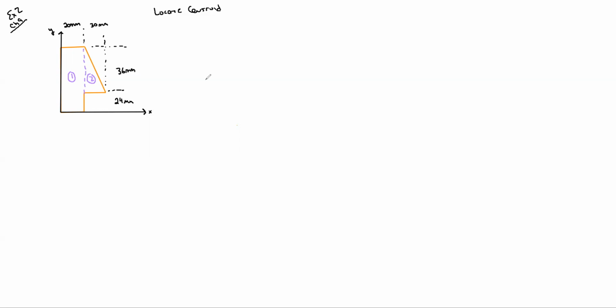Okay. Step 3 is set up our chart. We need to set up a chart so that we can do the other steps. So we need the area of each shape: shape 1, shape 2. Lowercase x bar is the horizontal position of the centroid for each of the individual figures.